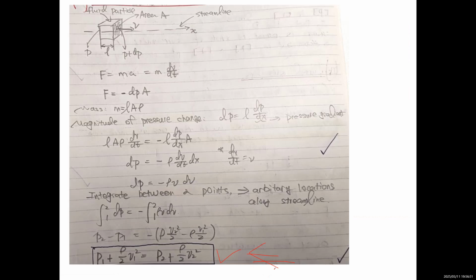What Bernoulli's equation tells us is that if the pressure drops along a streamline in this direction, the velocity increases, and vice versa. For instance, let's say P1 is greater than P2, so it indicates that v1 is smaller than v2, quite a straightforward thing.